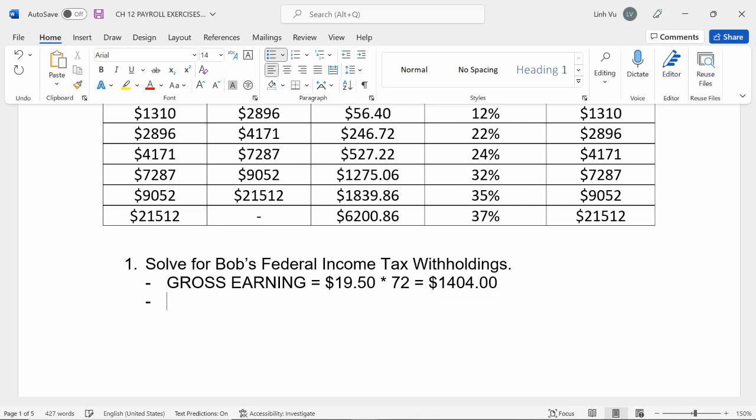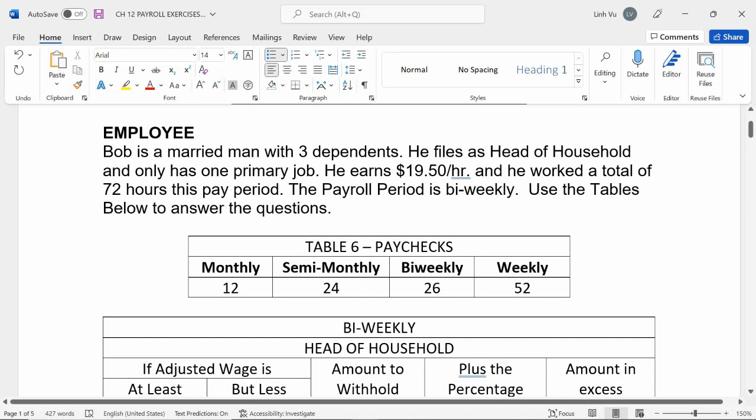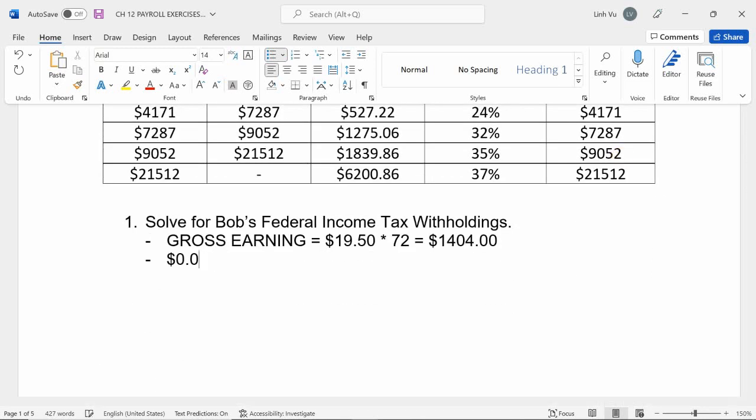Did he take any extra deductions? I don't think it gives that to us, so no. So in this case, we do not have anything extra.